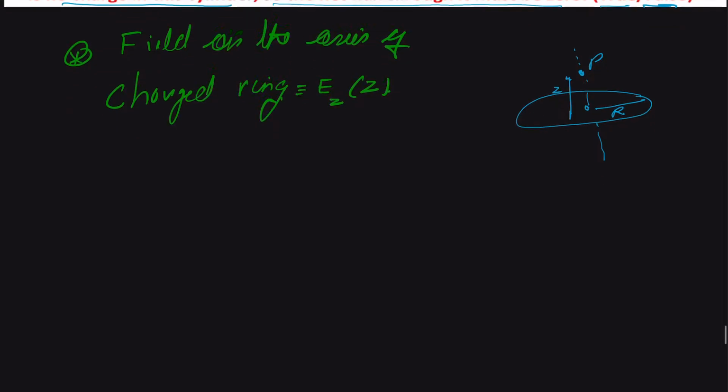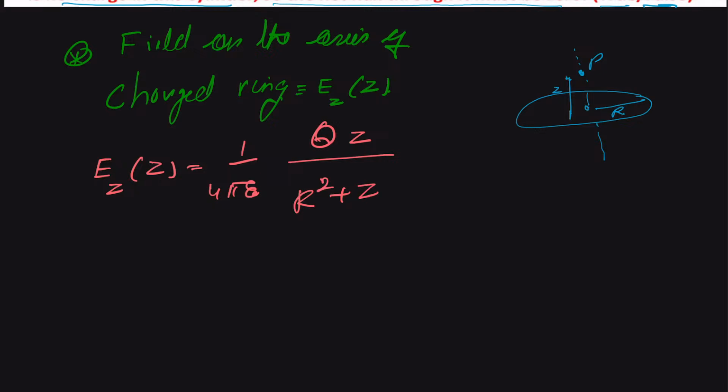Therefore we can say that our E of z in the z direction will be equal to 1 upon 4 pi epsilon naught, times q times z over (r square plus z square) to the power 3 by 2, and the direction will be along the axis by symmetry.